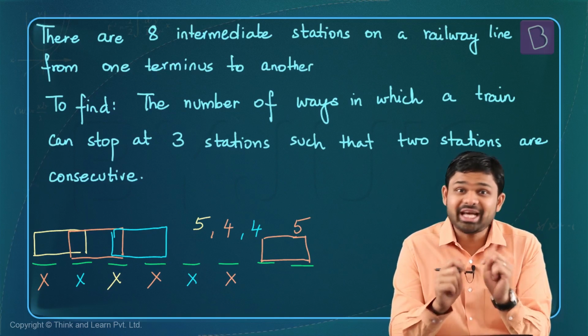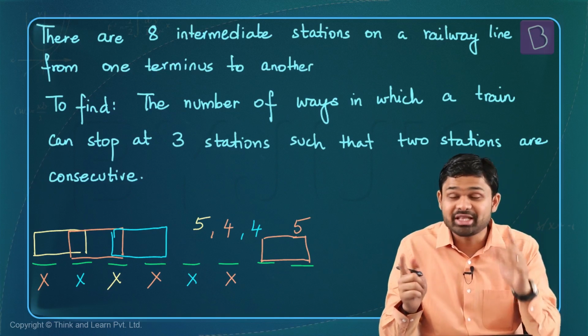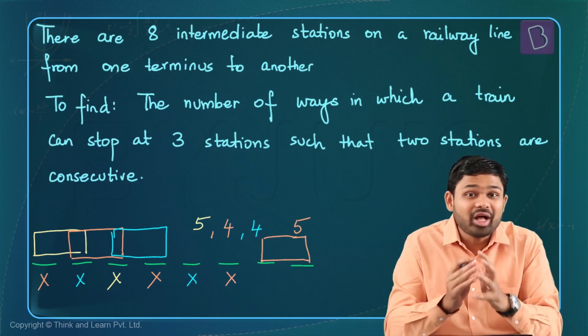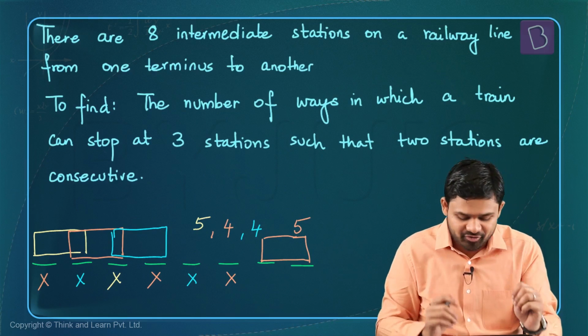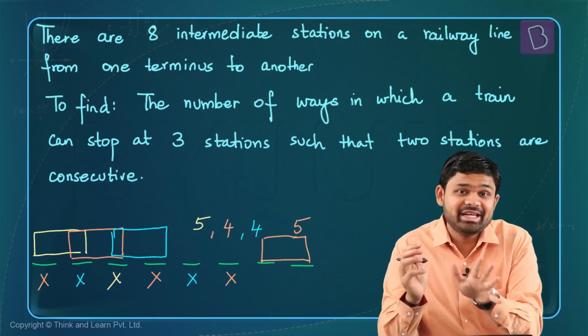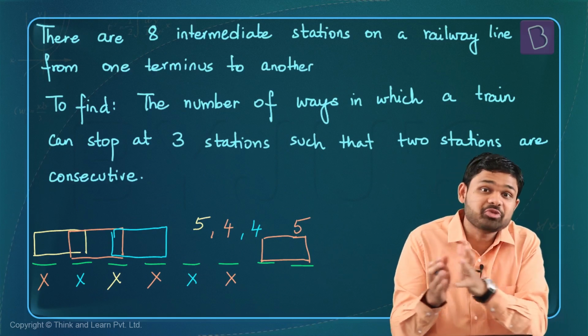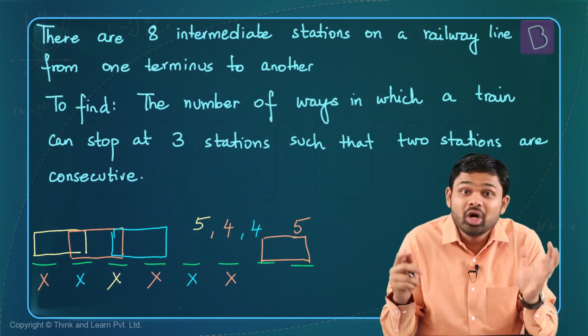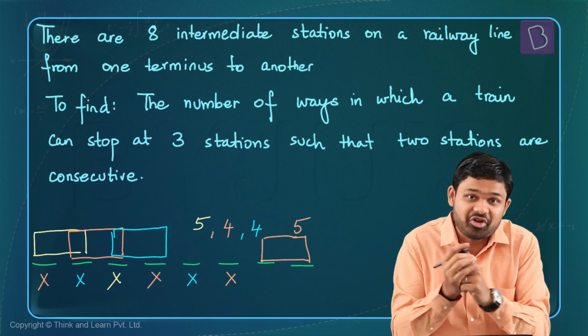So from this you see that for the extreme ends there are 5 possibilities, but for all the interiors there are only 4 possibilities. There are a total of 5 interior pairs of stations where the train can stop and 2 end pairs where the train can stop.